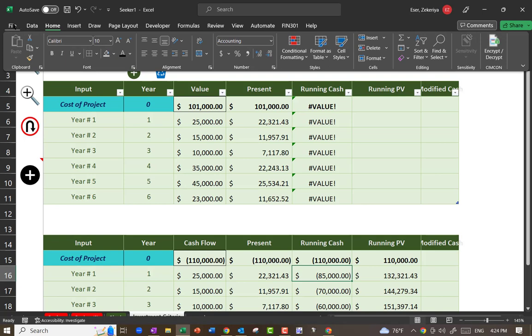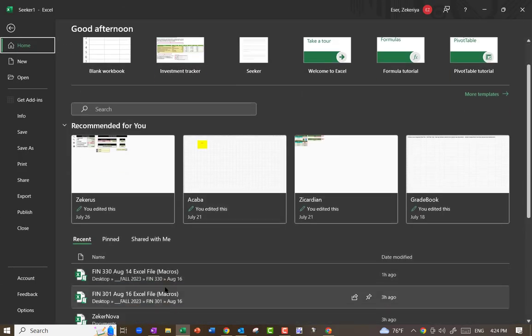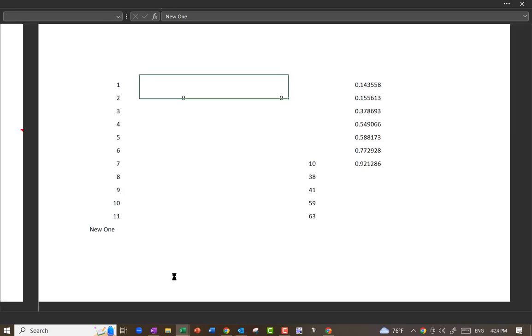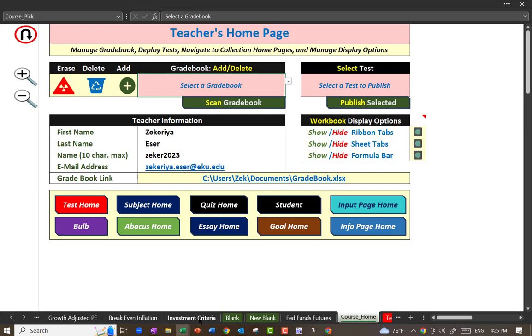I just want you guys to see, for example, if I change this number, it automatically moves around.